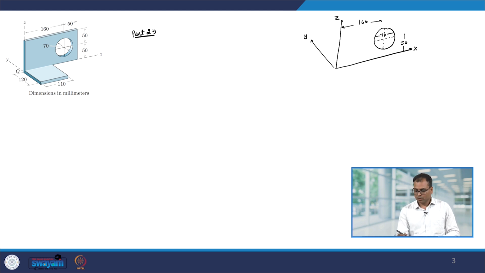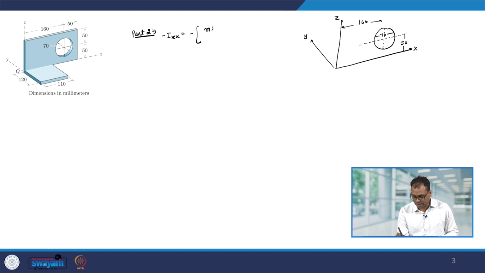So, for part 2 everything will be negative because this part has been removed. So, let us look at the moment of inertia about the x axis; minus of that will be minus. Again we can use the parallel axis theorem. So, we can first calculate the moment of inertia about this line and then use the parallel axis theorem.